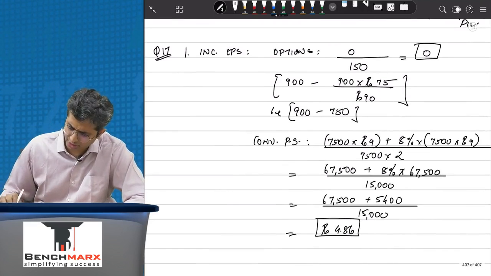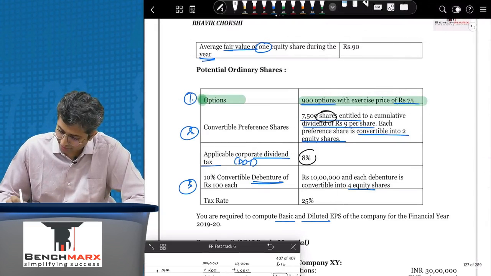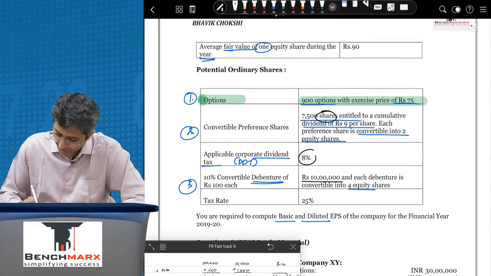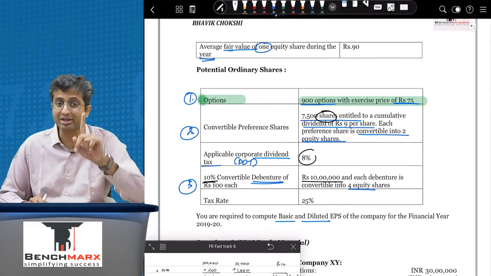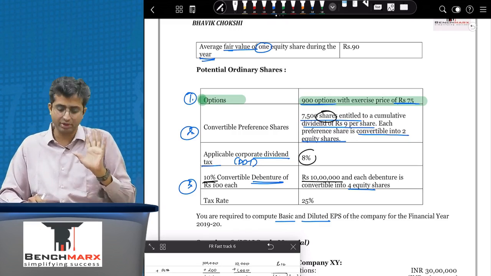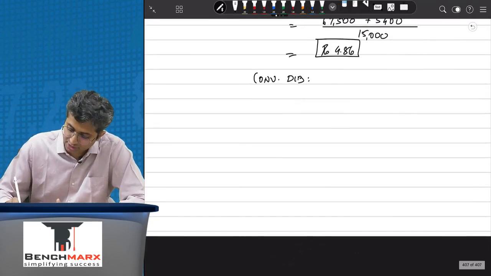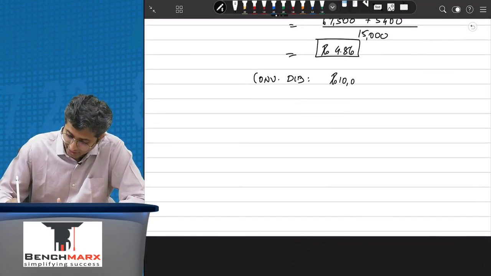Over here, this is 0. Here, this is 4.86. Then look at convertible debentures. Convertible debentures will have rupees 10 lakhs, and this is 10%. There is no market rate of interest on similar non-convertible debentures given, and hence we can't find the liability component as such. So this will be rupees 10 lakhs, and on 10 lakhs your interest is into 10%.